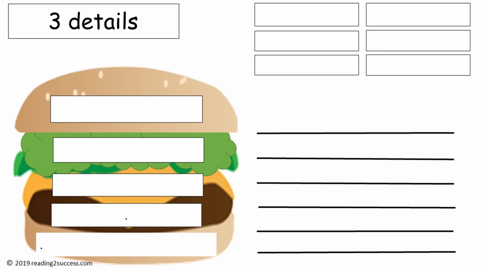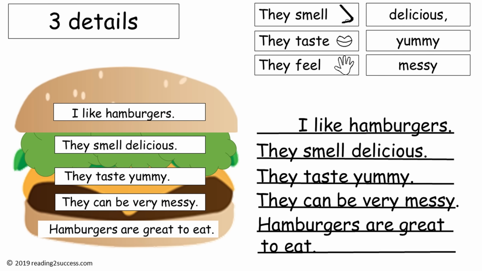This is a template to use when kids are ready to add 3 details. We've done the first, the second, and now it's time to do the 3rd detail. This is a completed example of the 3 details. What was added was the 3rd one, and it was they feel, and they feel messy. So the 3rd detail sentence is they can be very messy.